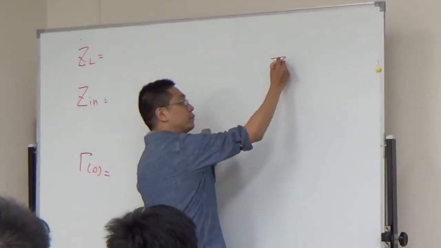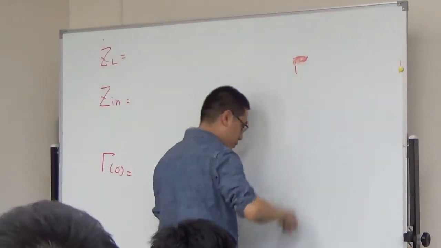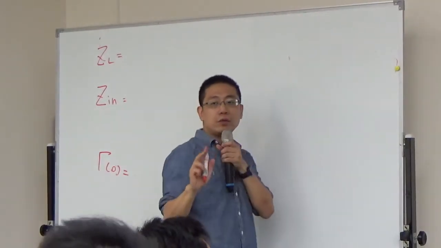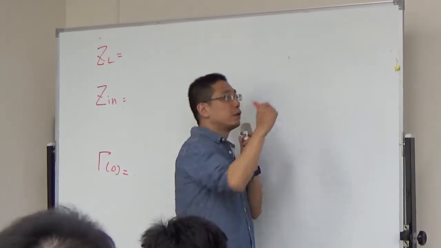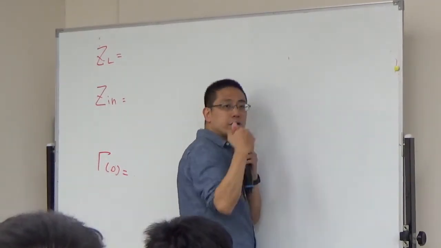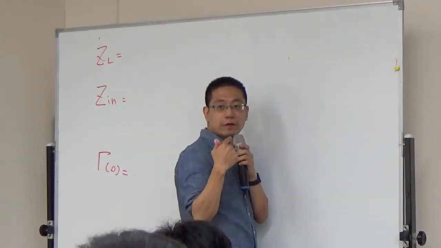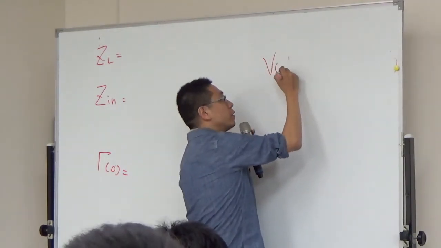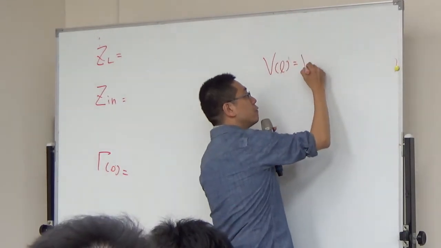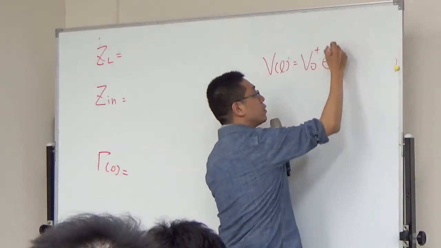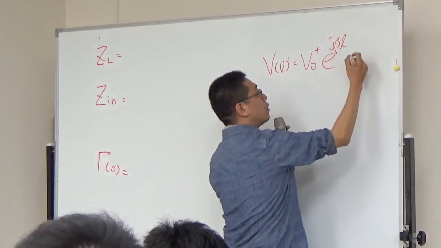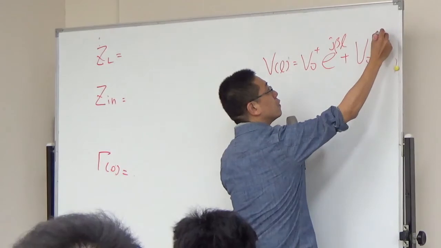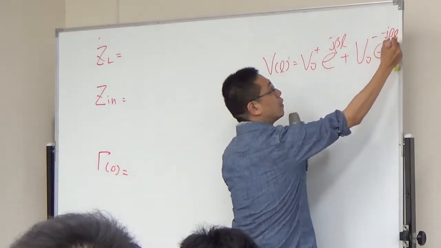What happens if you don't want the reflected wave? V, I write down everything again. V(L) equals V0 positive exponential j beta L plus V0 minus exponential minus j beta L. Okay?